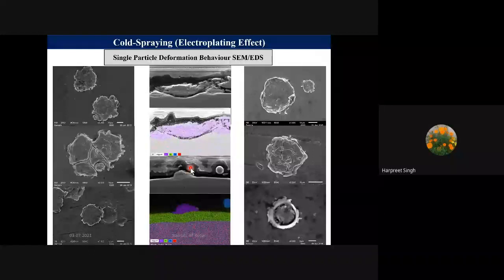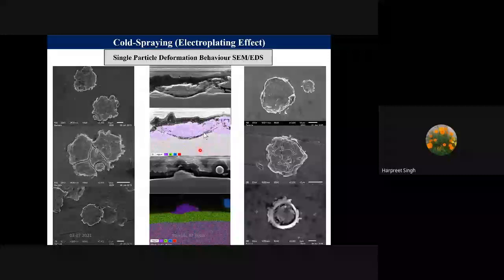Okay, so this is the first case, which I have already shown you in the previous case also, but this is the last case where you can see a very nice kind of interaction here. This is our nickel. These are single particles, in fact, and these are their cross section images.